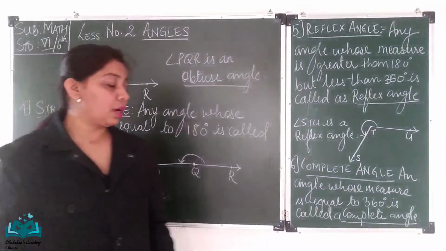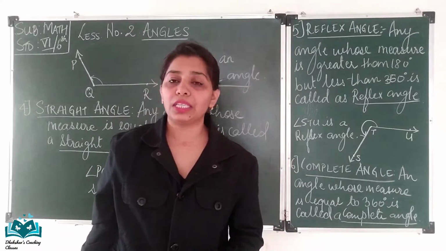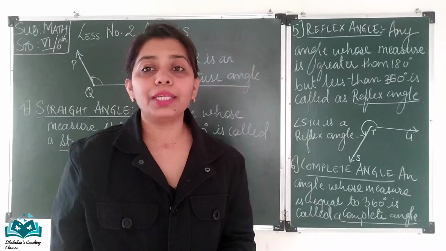Okay, so a complete angle is any angle whose measure is equal to 360 degree is called as your complete angle.